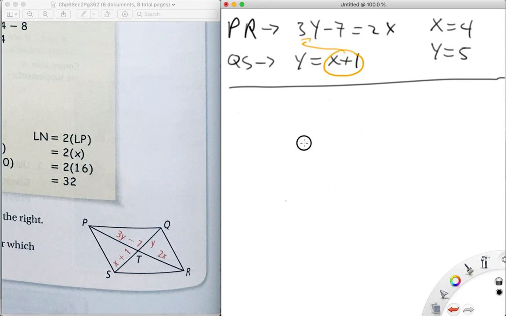Alright, so it doesn't matter which one I use.